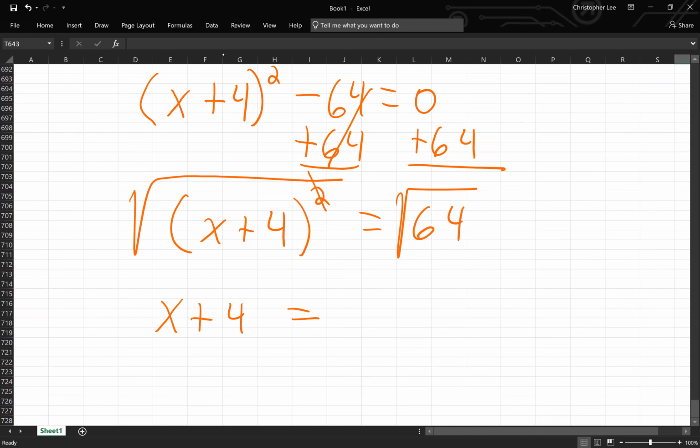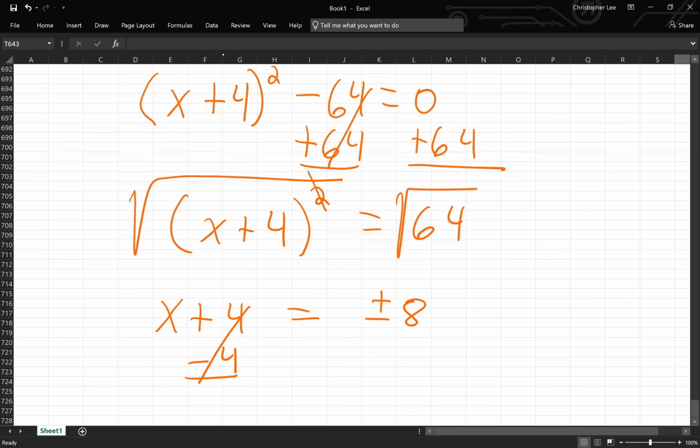And then this is going to be equal to, oh shoot, help me out. What's the square root of 64 again? 8, right? But not just any 8, plus or minus 8. Remember, whenever we do the square root of the other side, there's going to be two answers there, a plus and a minus. After that, very simply, solve for x, subtract the 4.